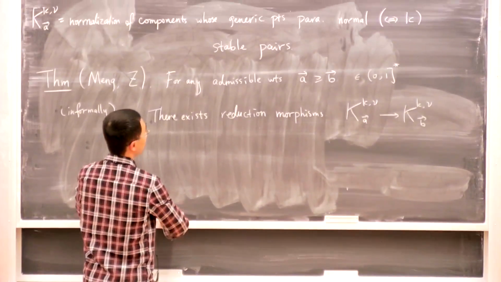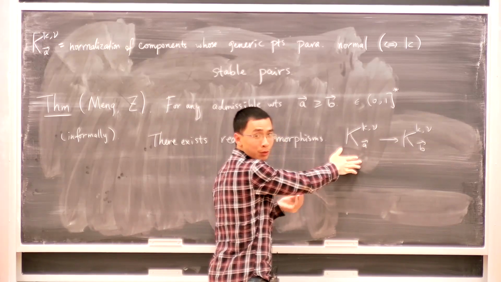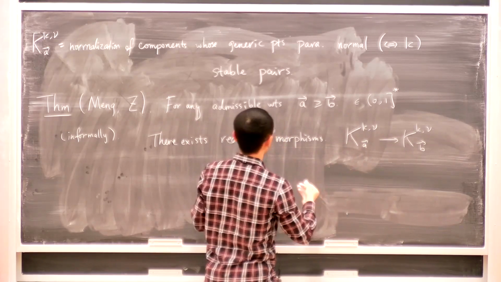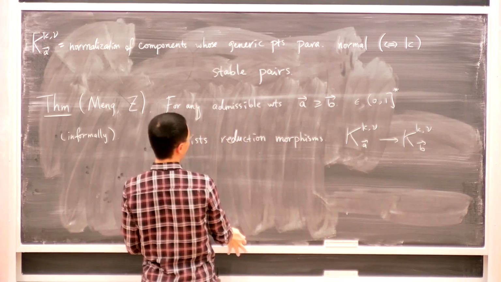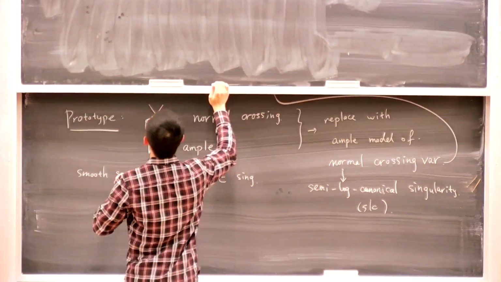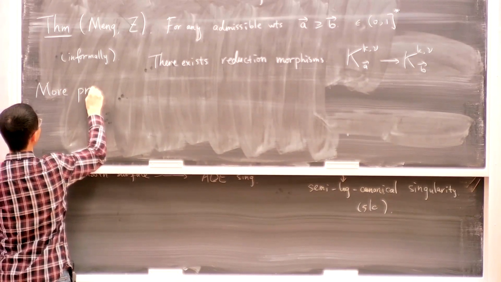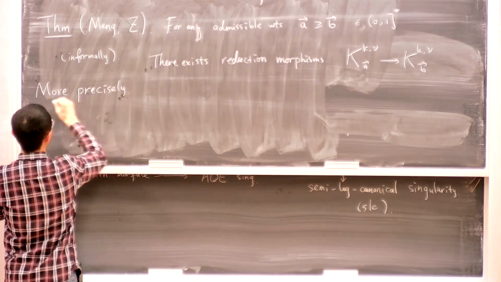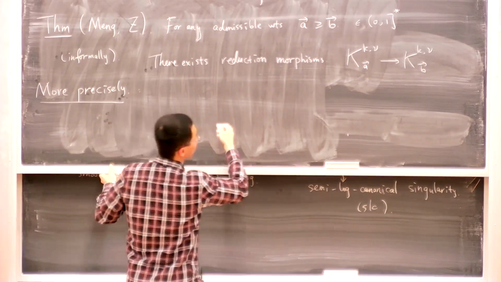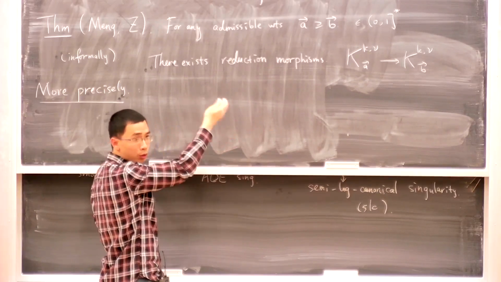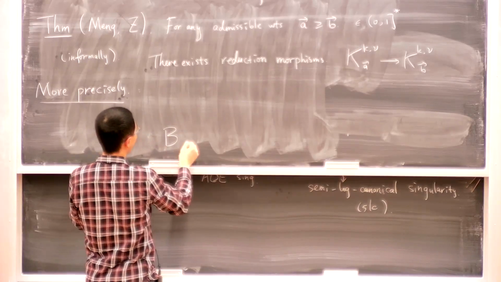And why is this informal? Because, well, there are many components here, and there could be infinitely many if you choose different volumes. So the meaning of admissible would depend on which component you are looking at. Okay, so if you want to state it more precisely, what we're actually proving is that if I just take one of the components and look at the universal family, so let's say B is one of the components.